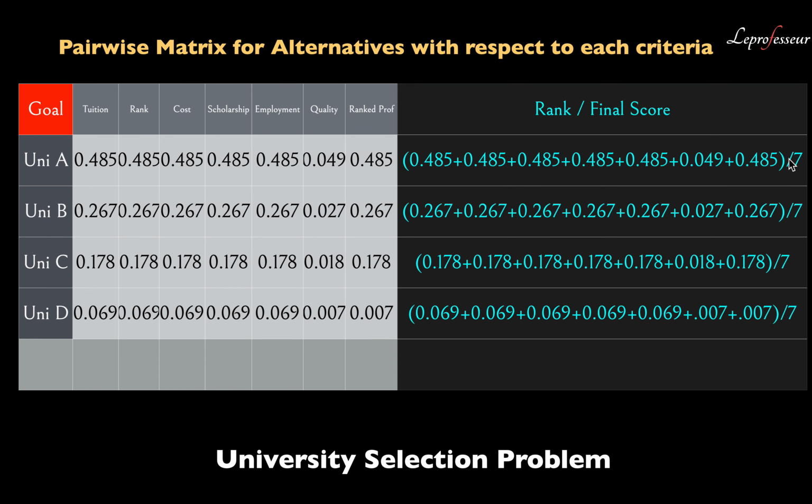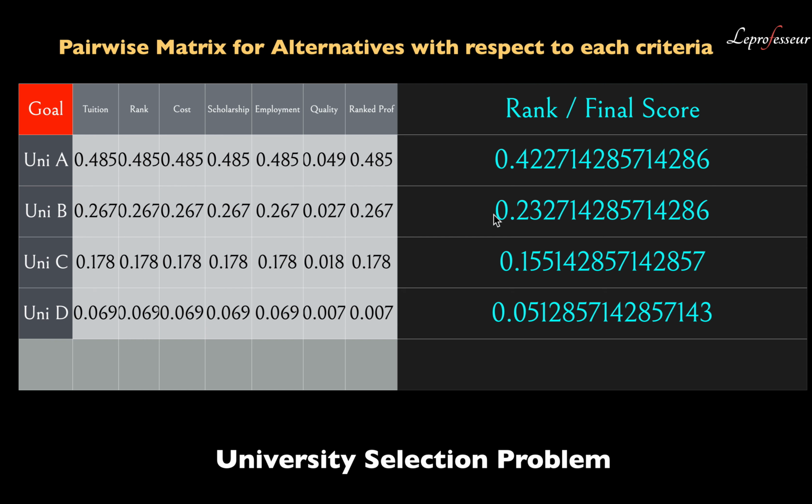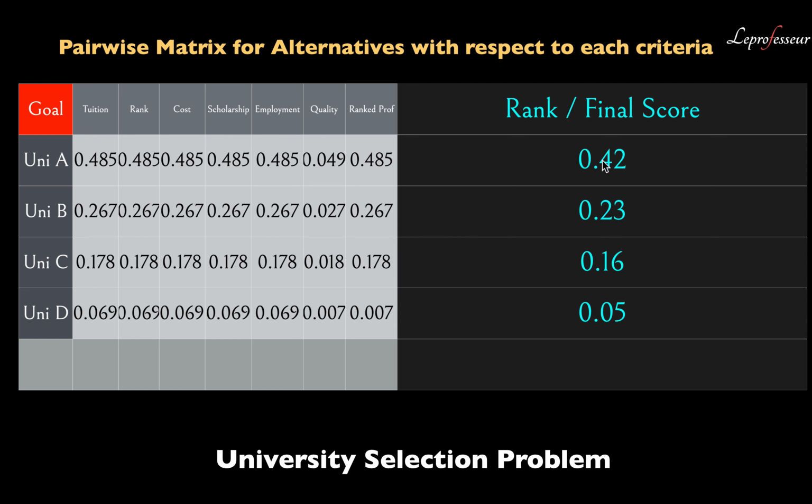I have 7 attributes, and 7 values corresponding to each university, or each alternative. After doing the calculations, I come up with these numbers, up to the second decimal place. All good. Now, what does it tell me?